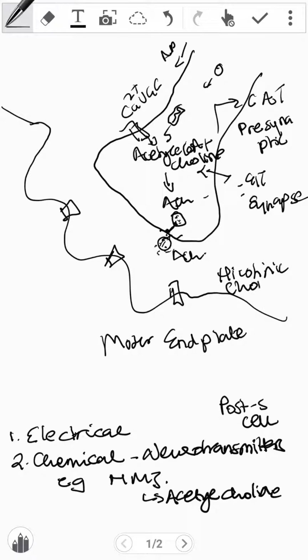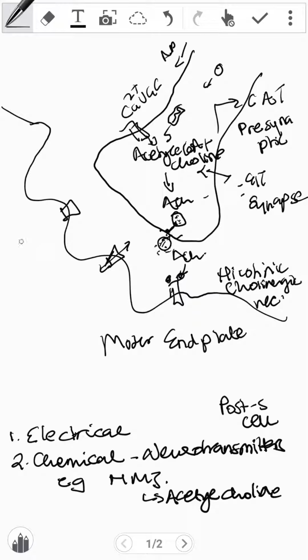So these nicotinic cholinergic receptors allow ACh to bind, and once ACh binds, they undergo a conformational change, which is a change in structure, and this will allow ions to pass through.